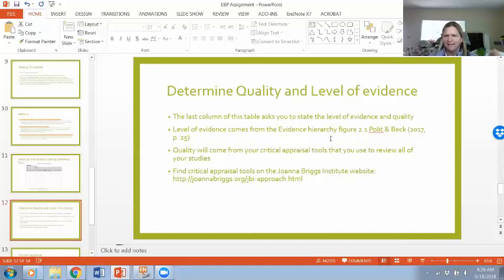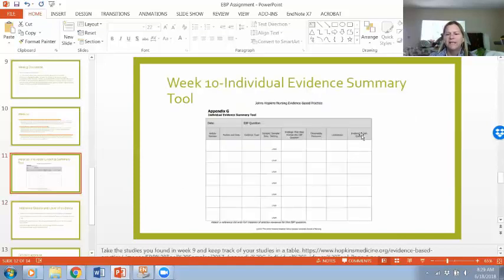There's that little pyramid there that has the level of evidence. So when they're asking you here what the level of evidence is, you can put the actual number there. It has 7 levels, it looks like. So you can put the level there and the name of the level.